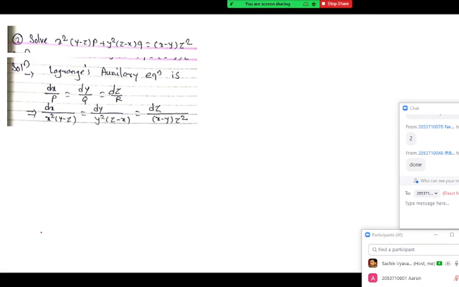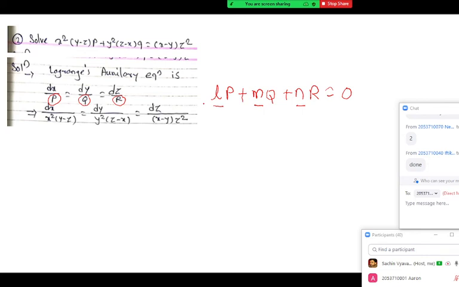You will observe, first of all, these denominators are P, Q, R. We are interested to select some multiplier. Let me assume that the multipliers are L, M, N. LP plus MQ plus NR should be 0. That means the sum of these denominators should be 0. We have to select that element, numbers or variables, so that their sum is 0.